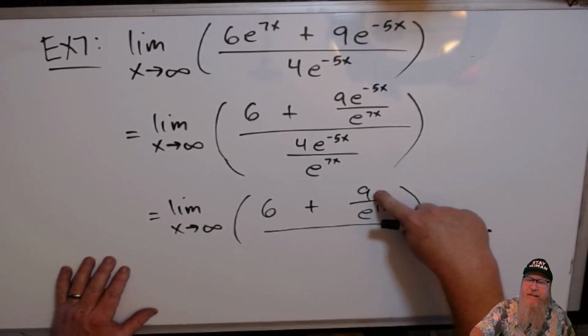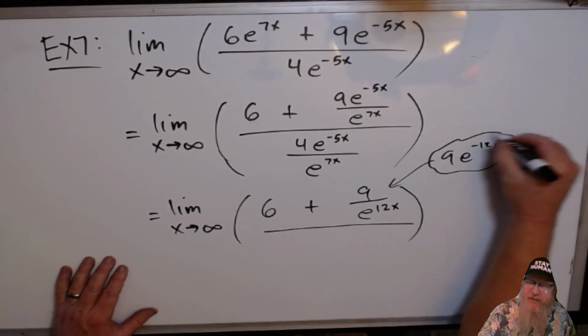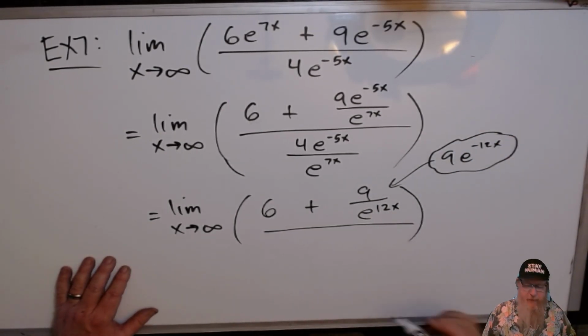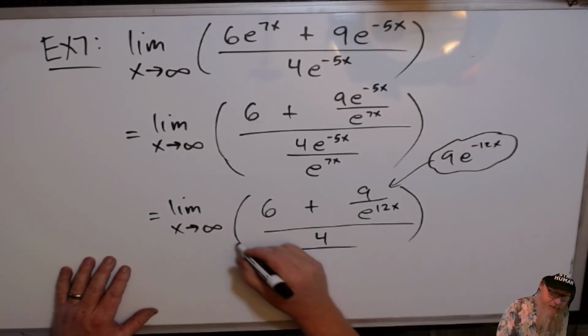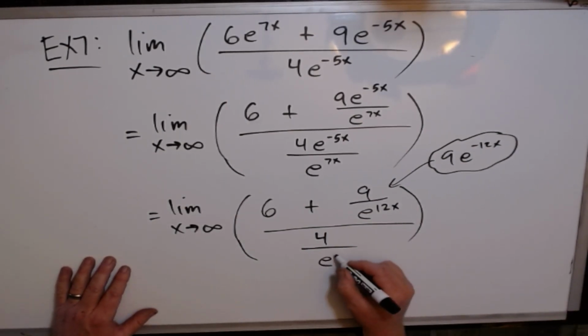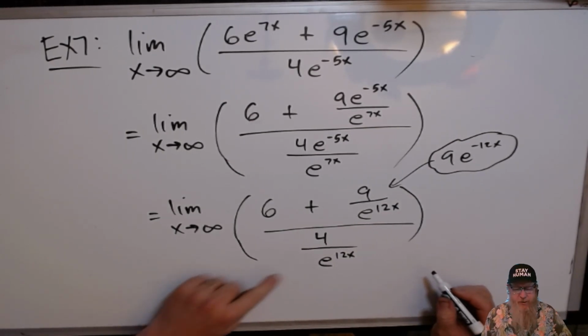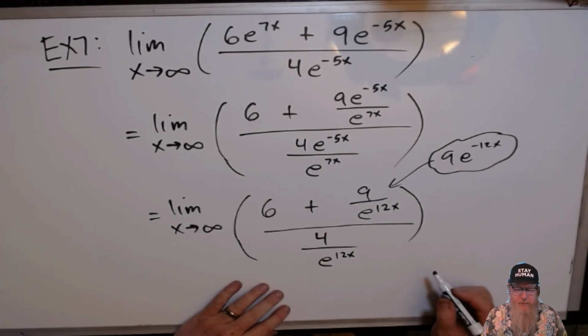You could also write this as 9e to the negative 12x. I'm just saving a little board space and putting it that way. And then down in the bottom, it's also 12, e to the 12x. No, that one's just 1e to the 12x.